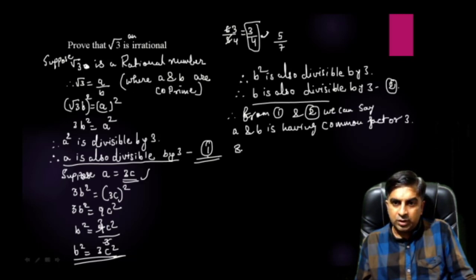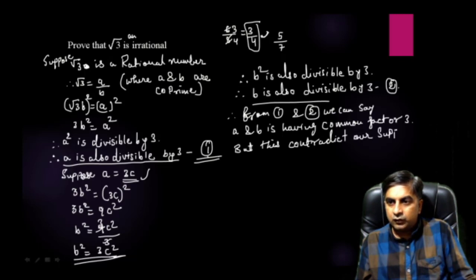But this contradicts our supposition. What was our supposition? That a and b are co-prime numbers. But here we are getting a common factor. So this contradicts our supposition.